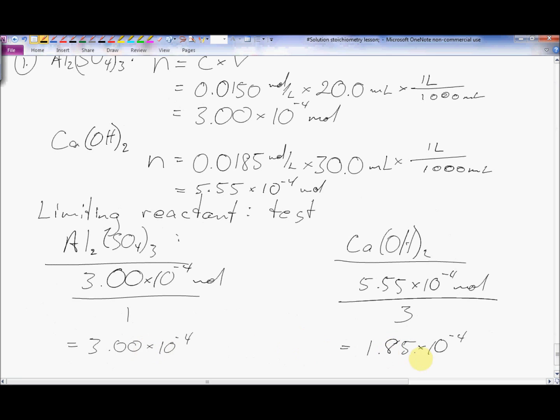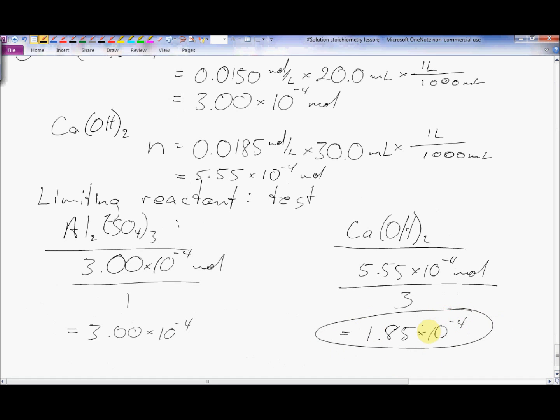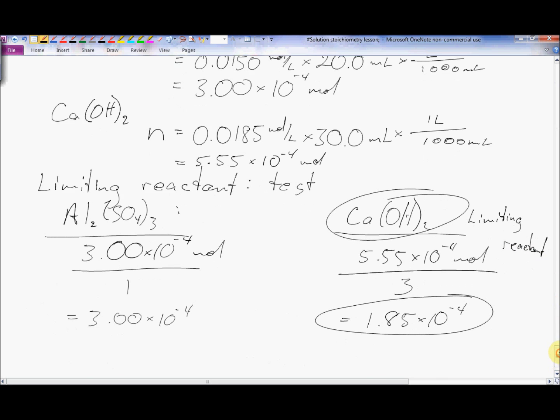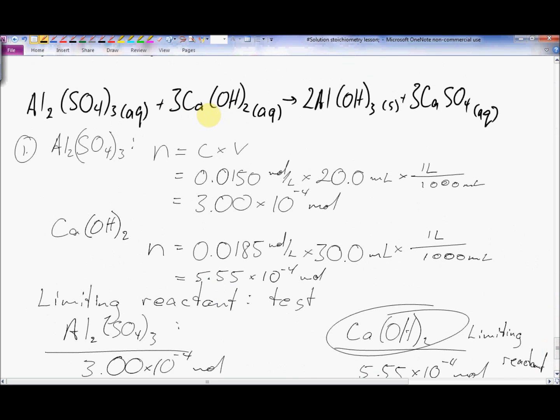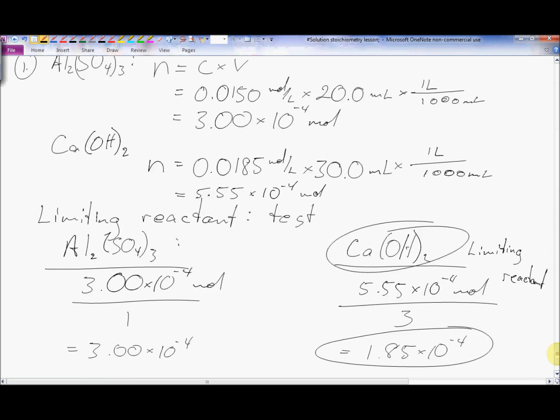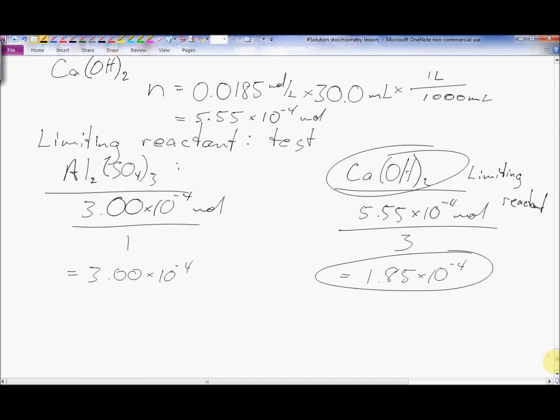Okay, comparing these two numbers, 3 times 10 to the negative 4, 1.85 times 10 to the negative 4, this one is clearly the smaller value, and therefore calcium hydroxide is the limiting reactant. Calcium hydroxide in this equation is going to run out of moles of material before aluminum sulfate will run out of moles of material. So we go forward with the calcium hydroxide using stoichiometry.